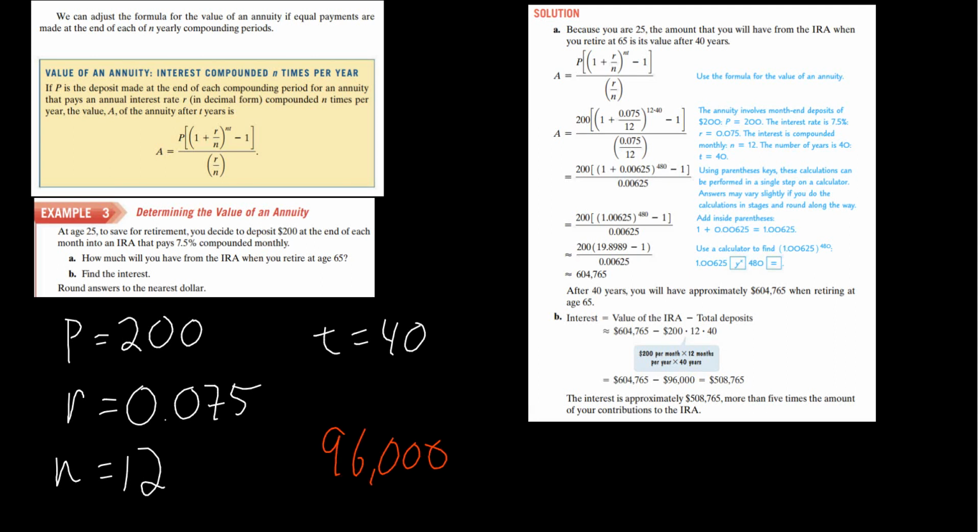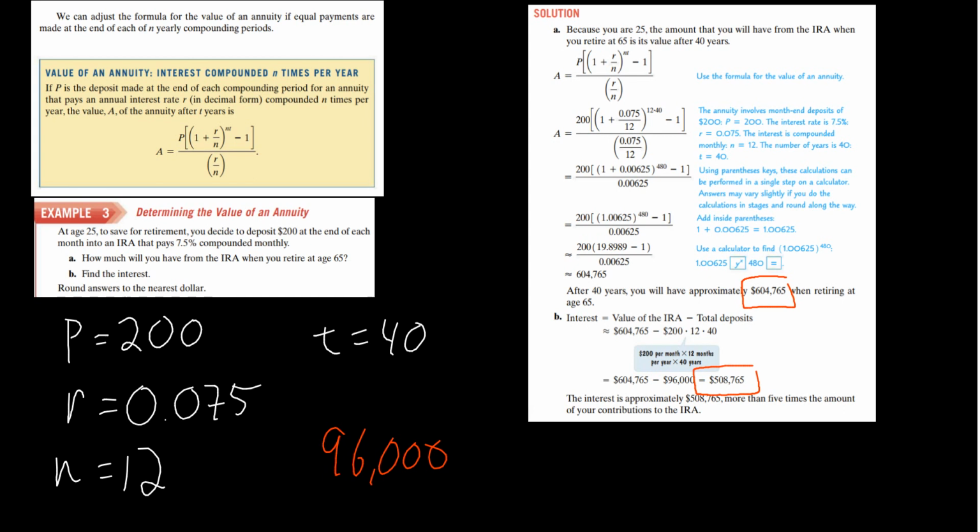Okay. All right. Well, we put in $96,000, and we saw from part A that we have $604,000 in our account. So we want to know how much interest we accumulated over the course of 40 years. So all we have to do is take the amount in the account, subtract how much we actually put in, and then we end up with $508,000.